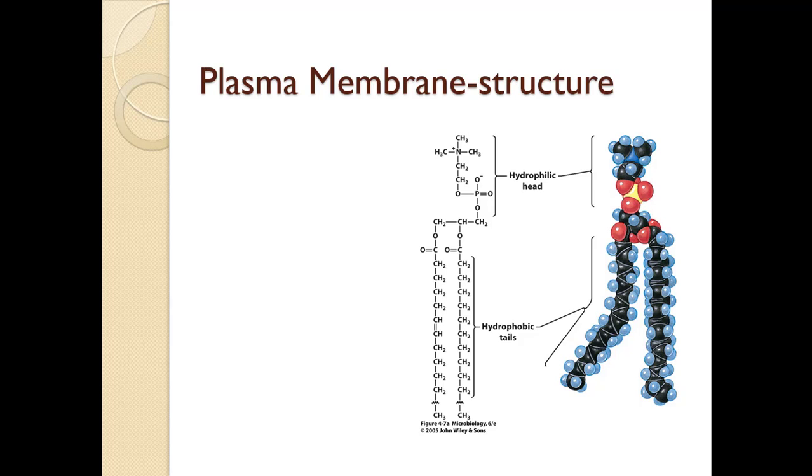Again, this is the phospholipid structure, which we mentioned before. So we have a group here with a phosphate head, the hydrophilic head, and then we have our hydrophobic tails.